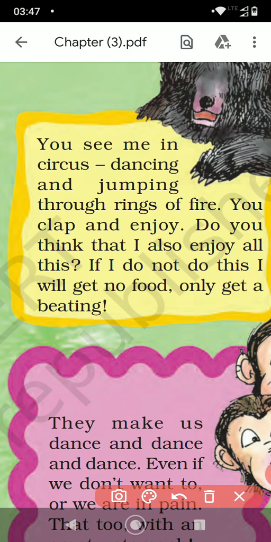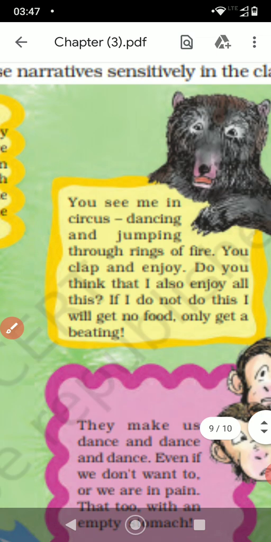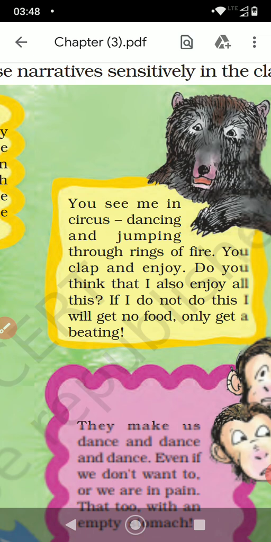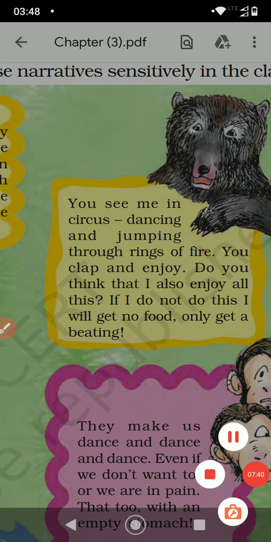If I do not do this, I will get no food, only get a beating. Okay, so this bear is saying that whatever you see me dancing, you see me jumping, but I'm not happy, because I am forced to do that. It's not that I like to do that. Okay, children.